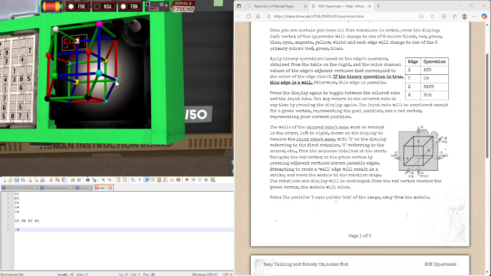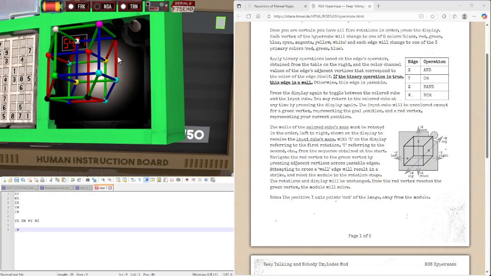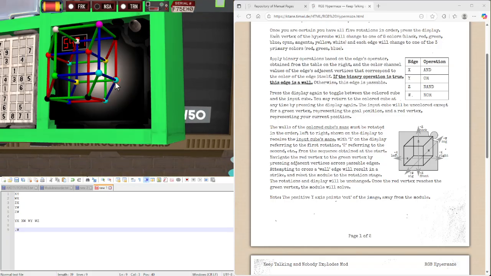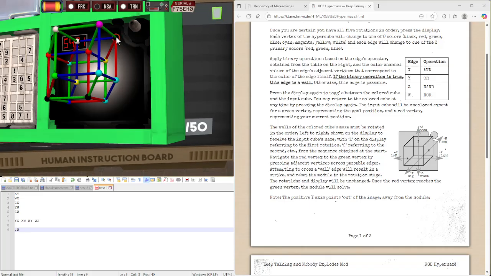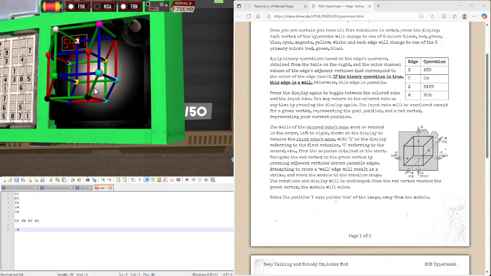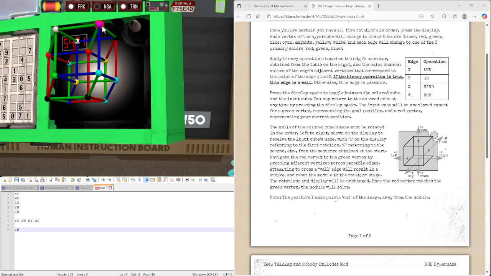WZ is this one and this one. So that means that one goes there, that one goes there. It's here.